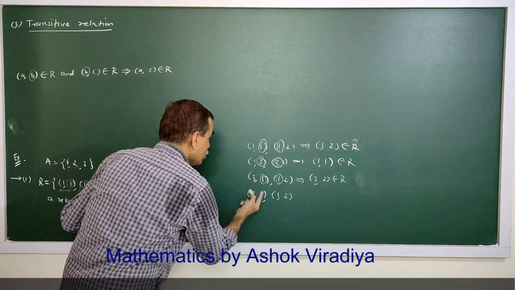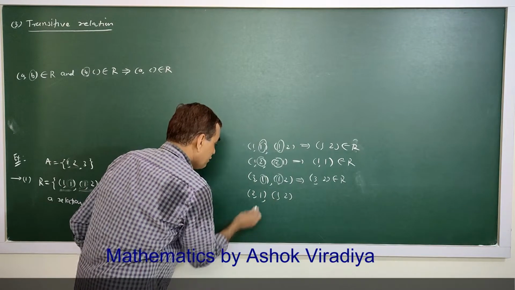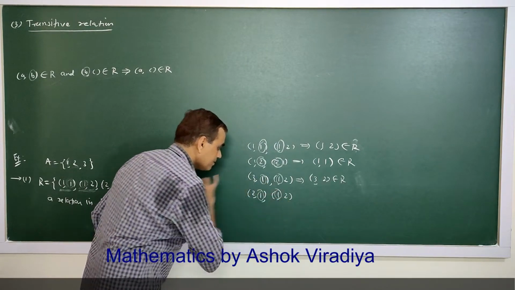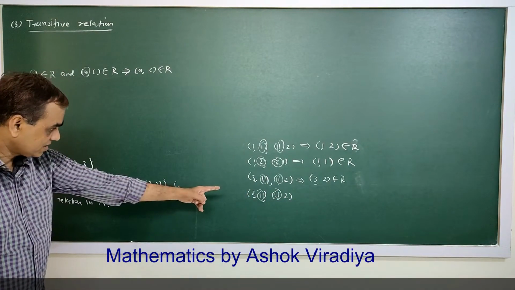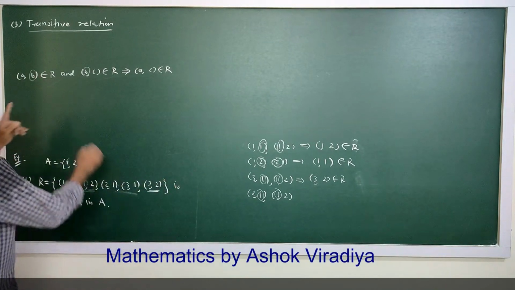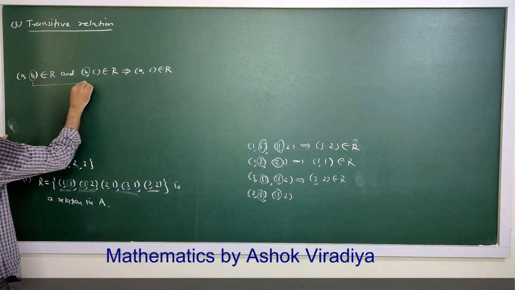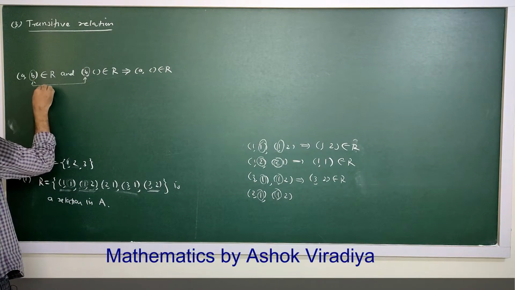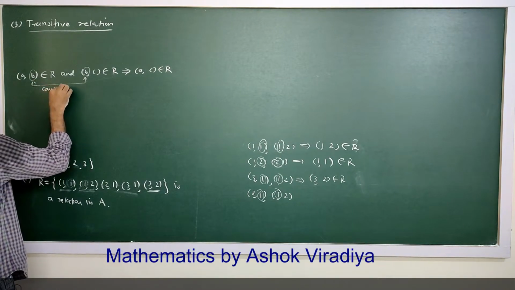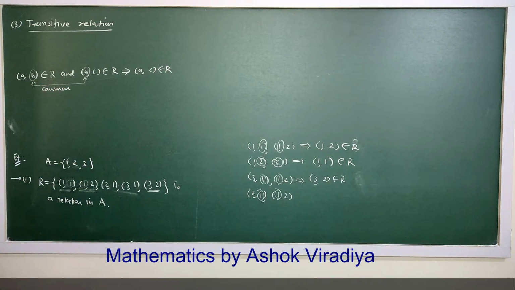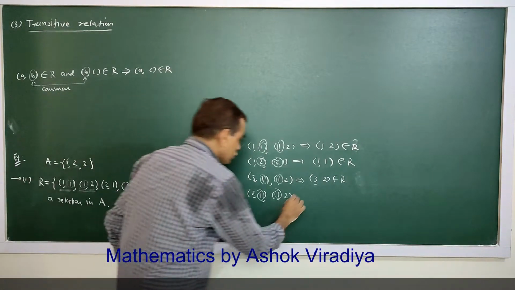Now I am taking (2, 1), (1, 2). So see, 1 is in common. Satisfying this condition, b must be in common. This is common. Now what do we want? (2, 2).